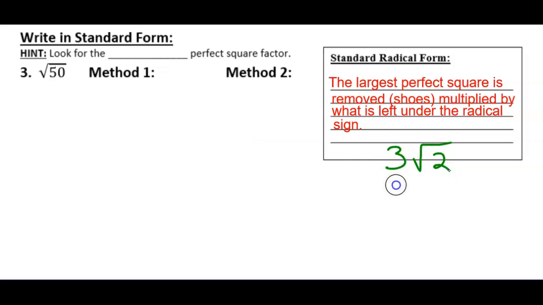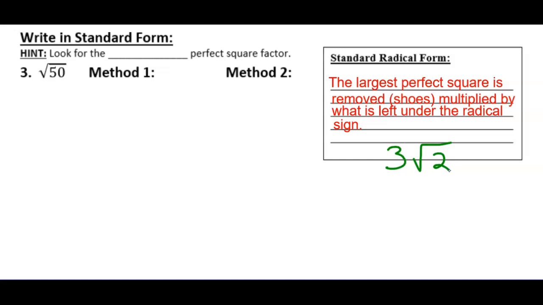So 3 was my perfect square, so 9 was underneath the radical, times 2, so this would have been 18. This would have started out as the radical of 18, okay? Because 9 times 2 is 18, and we would have taken that out. So let's look at what I mean by that.